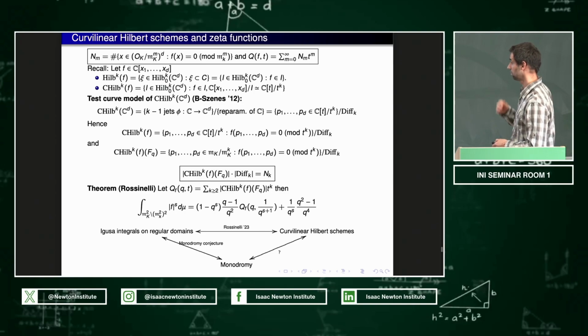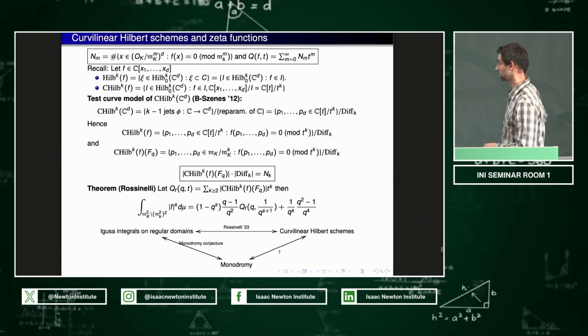So the hope, and I finish here, is the following principle. We have the curvilinear Hilbert scheme, the zeta integrals on the regular domain, and the monodromy conjecture. What we work on now is a generalization of this, not just on the curvilinear locus but in general. Can we get our hands on the full domain and write the full zeta function as some generating function of counts on the Hilbert scheme of points?